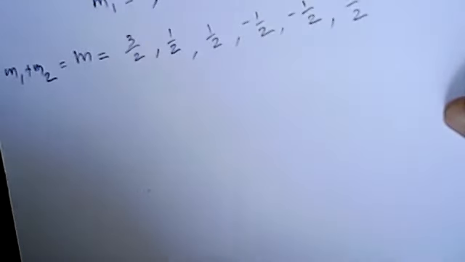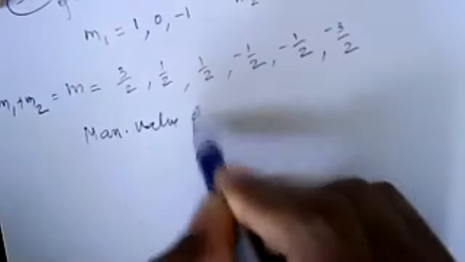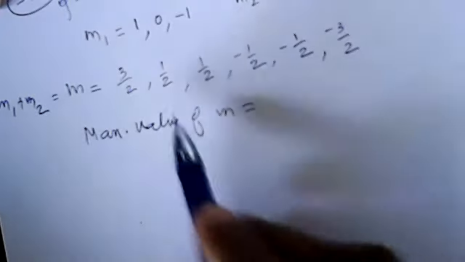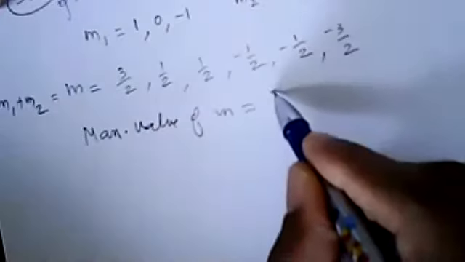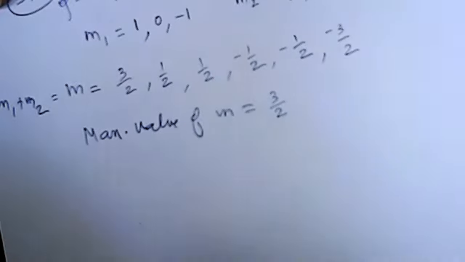Now the idea is, what is the maximum value of M from this? The maximum value of M is 3/2. All other values are less than 3/2.